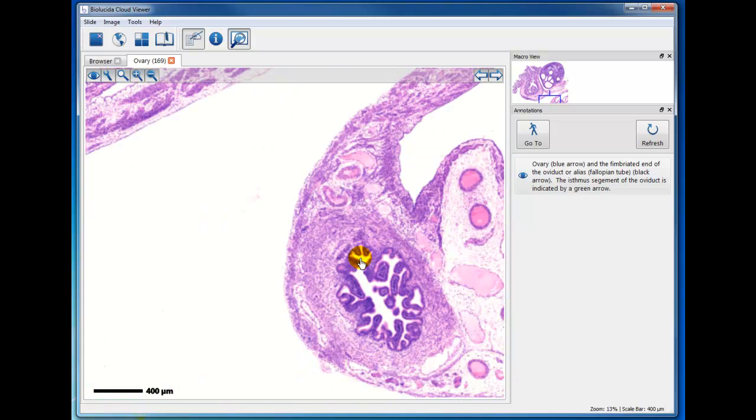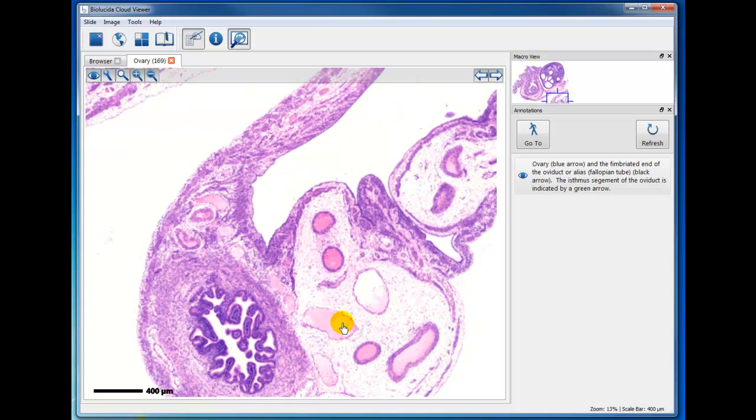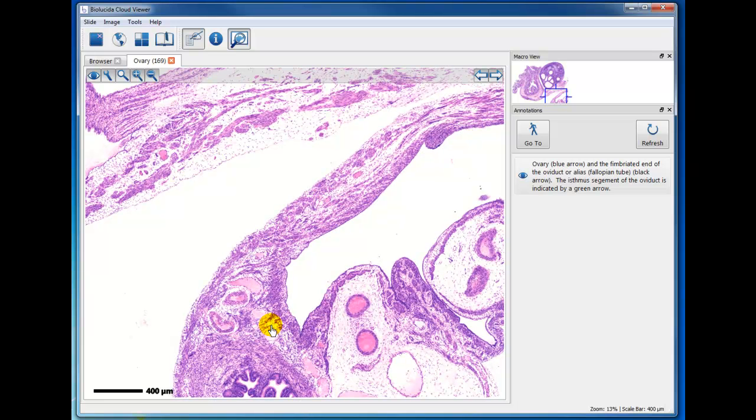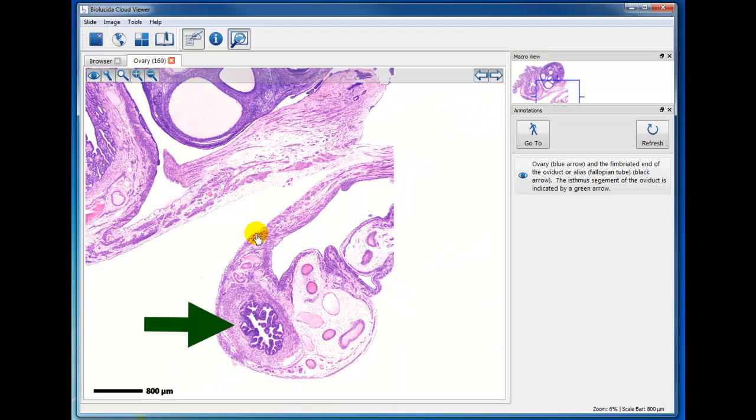So that's a cross-section of the isthmus, and here you have some blood vessels and connective tissue that are supporting the tube. And by the way, in the lecture we refer to the oviduct as a uterine tube, so it actually has three different names: uterine tube, oviduct, and fallopian tube.